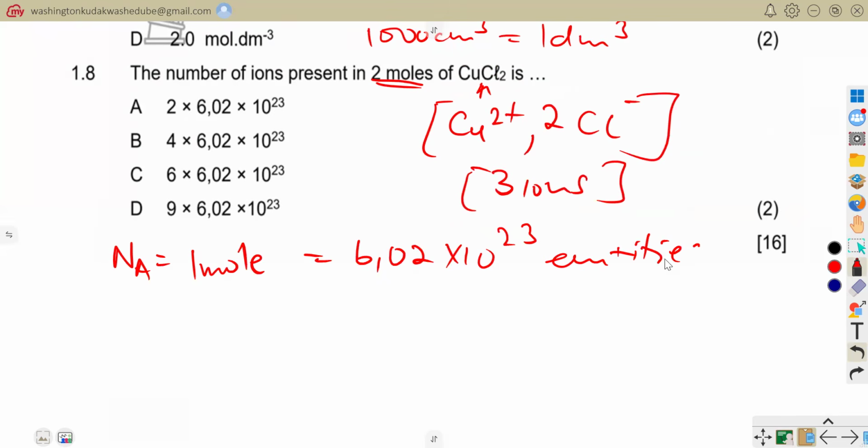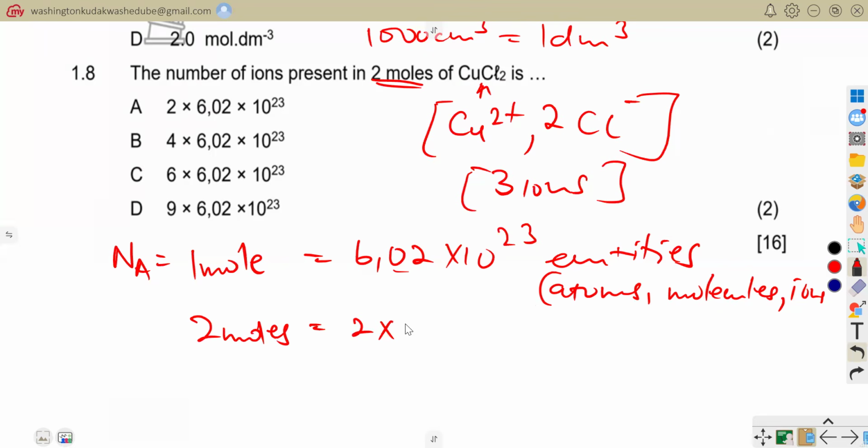And when we say entities, it's either atoms, which are particles, or molecules, or ions that can be found there. So now, if 1 mole is representing this, what about 2 moles? 2 moles would be equal to 2 times 6.02 times 10 to the power 23 ions.